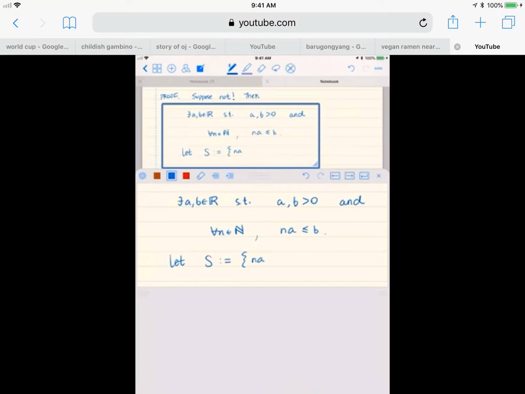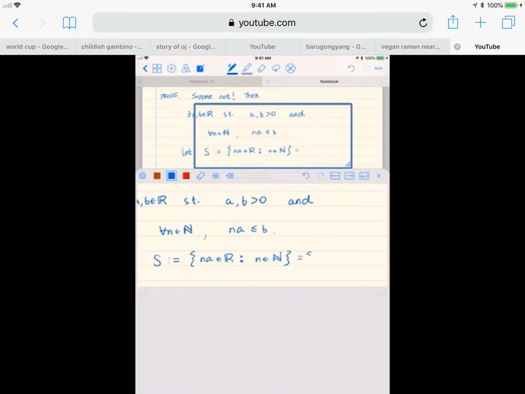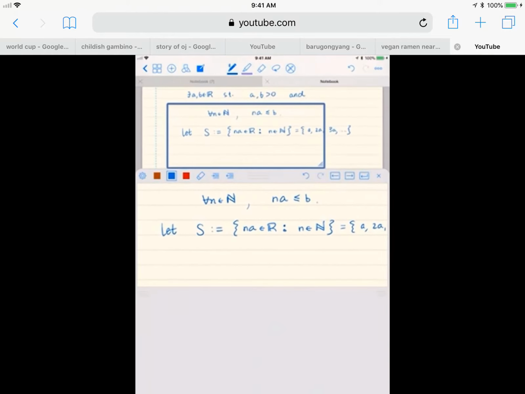So let S be the set of these positive integer multiples of a. This is a set that is clearly bounded above by b.